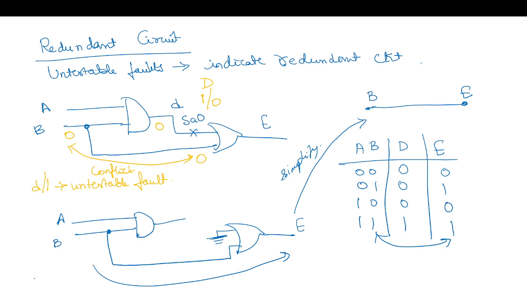We can also write the expression for E. E is equivalent to AB plus B. Now let's simplify using the Boolean method. AB plus B is equivalent to B common, A plus 1, which is equal to B. So E is equal to B. This is the redundant fault, like untestable fault, which is indicating a redundant circuit.